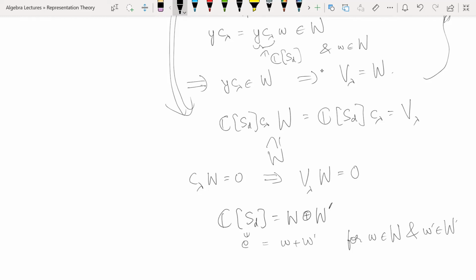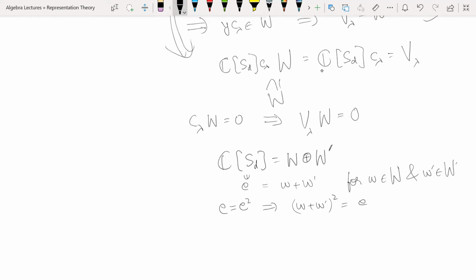Now, if you think about it, E square is E implies W plus W prime whole square is also E. And what is the square of this?